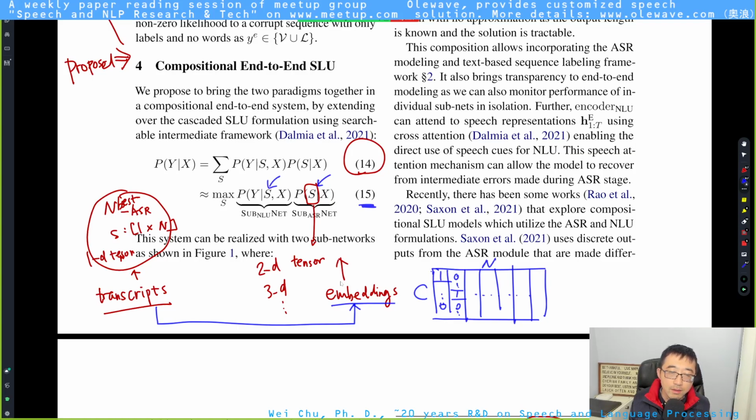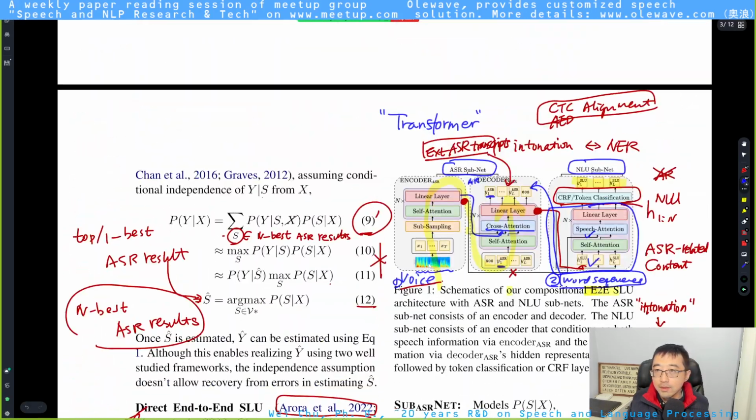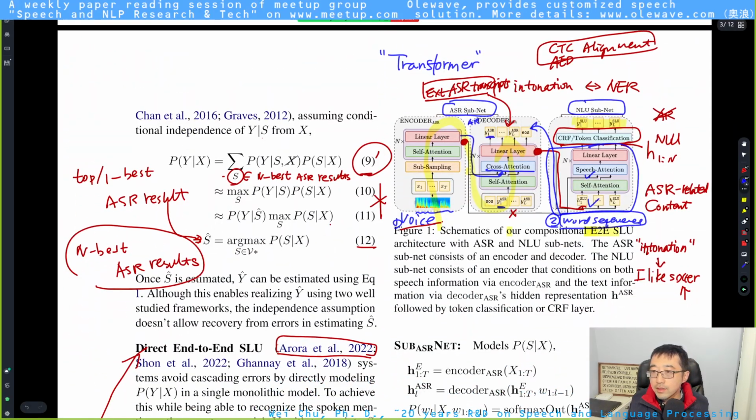Then, when they're talking about fine-tuning the NLU, they can tune this part. Okay, even if you give it a transcription, they can use an embedding as an input. Let's see this. So this one is what do you call that?